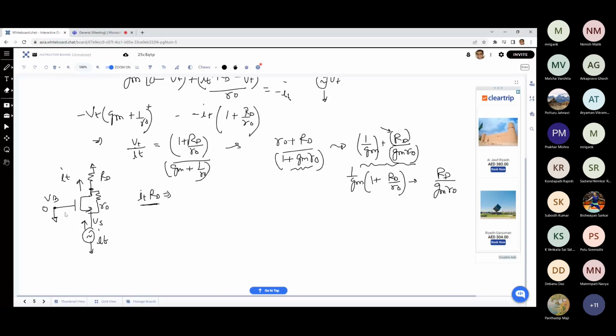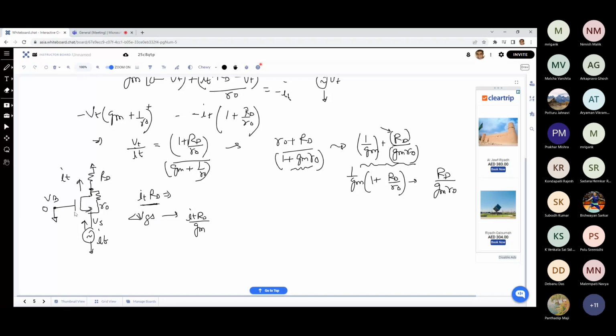So this is like a common gate amplifier. So you are having VGS. I want to find out what is the delta VGS required to produce an output of ITRD. So if I do that, it is going to be ITRD upon GM.